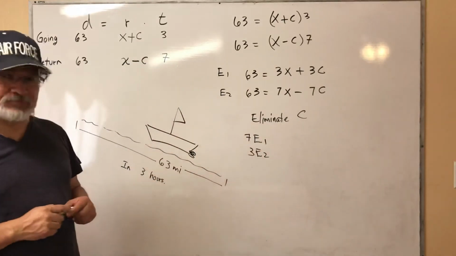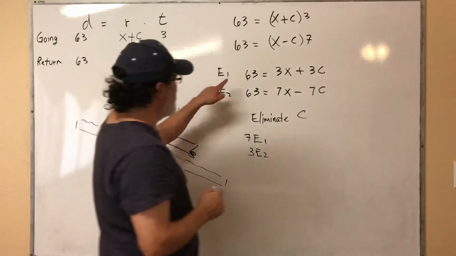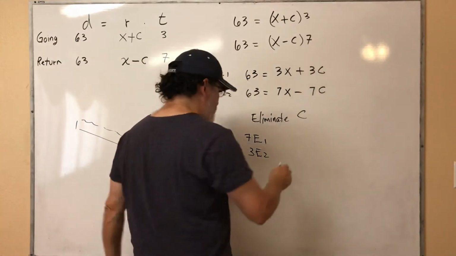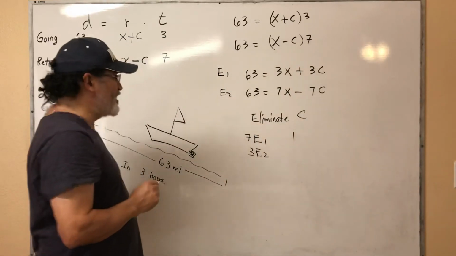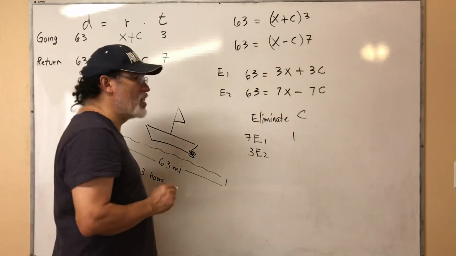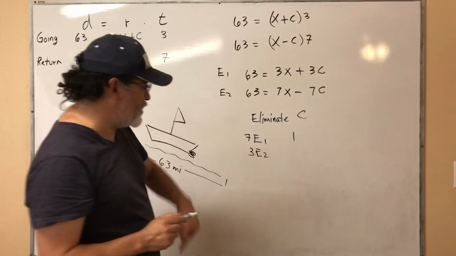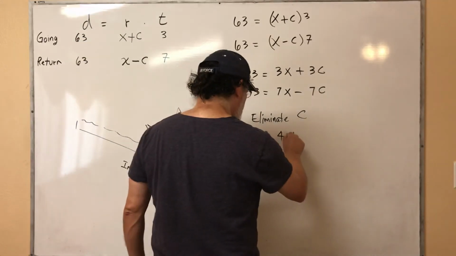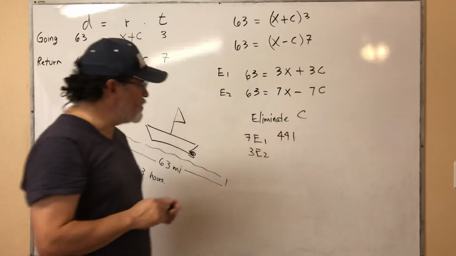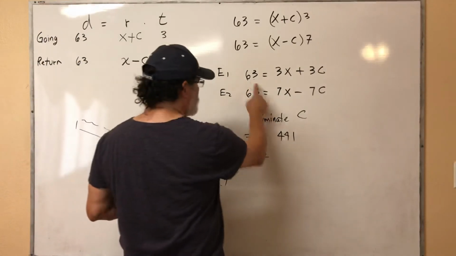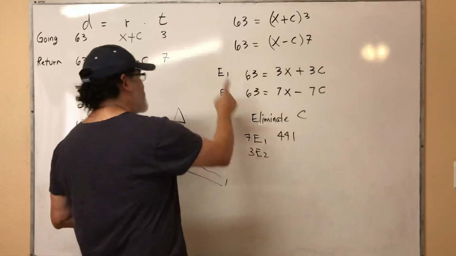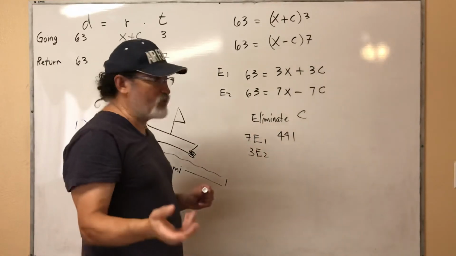Now 7 times 63: 7 times 3 is 21, carry 2. 7 times 6 is 42, plus 2 is 44. So that's 441.